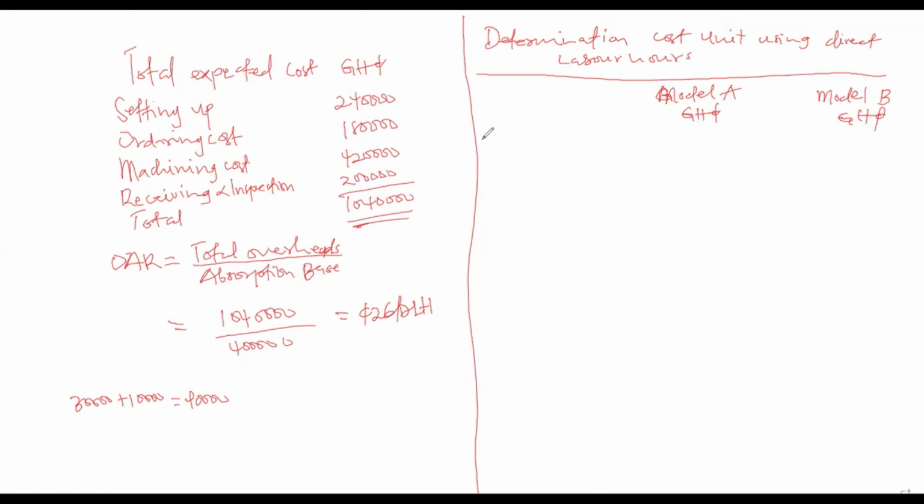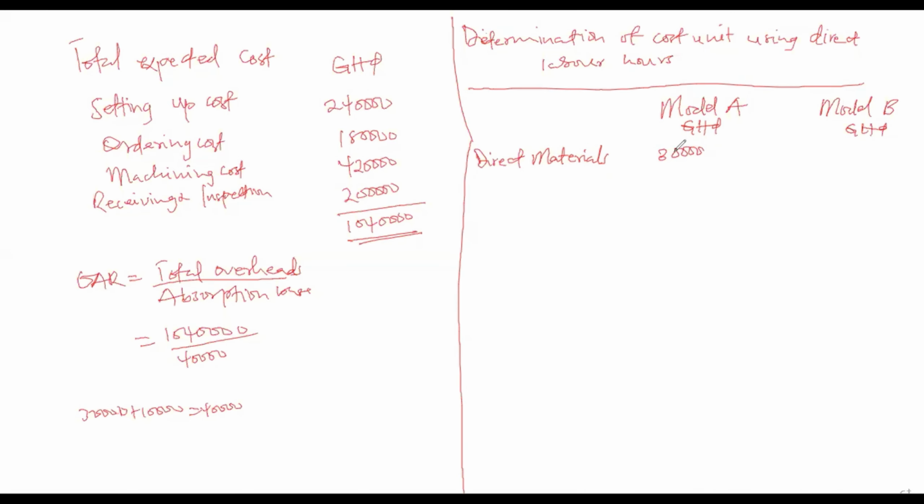So we have direct materials, which is 300,000 for module A, and we have module B to be 400,000. And we have our direct wages.